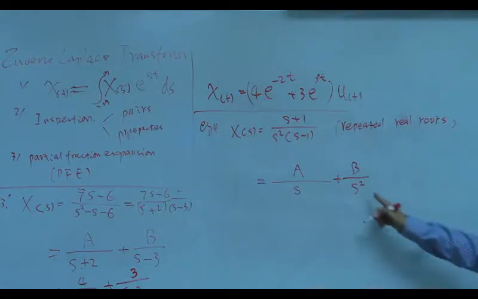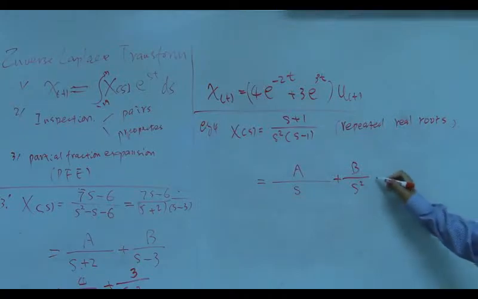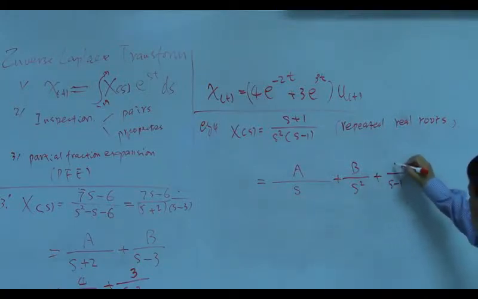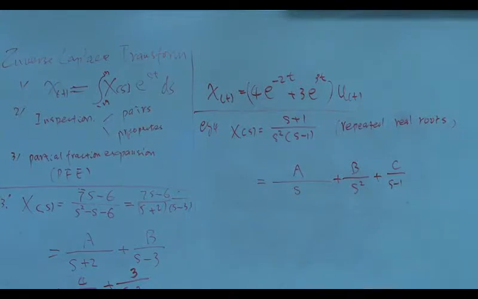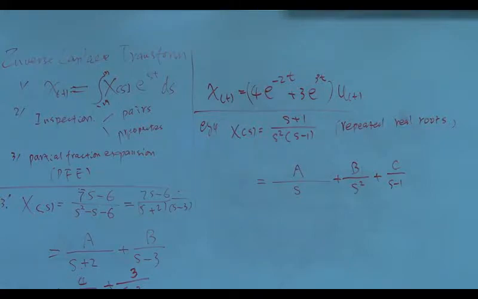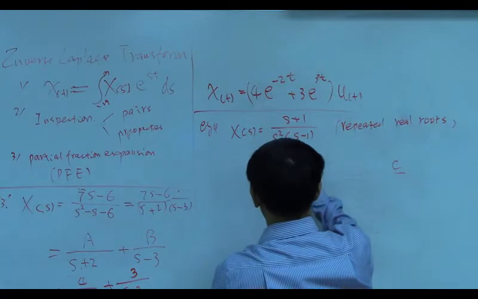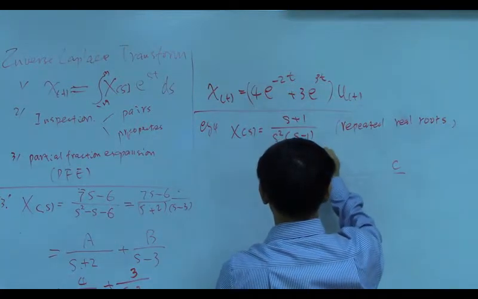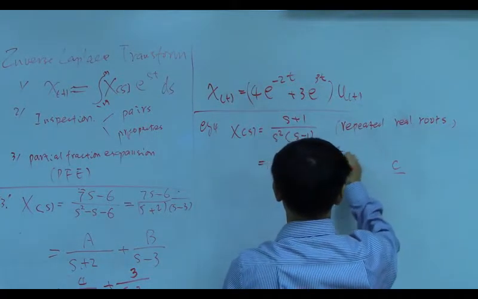We need to put s squared. You cannot put s here. And then the next term, just put s minus 1 with C. So you can see the difference here. Not s here, it's s squared. Right? We need to do it like this. I make this compact. This one equals A over s plus B over s squared plus C over s minus 1.